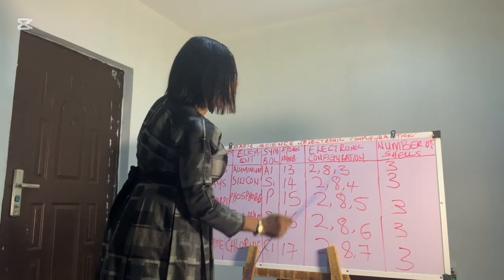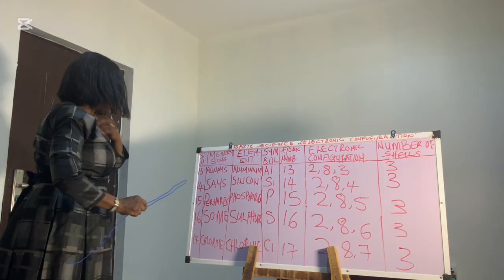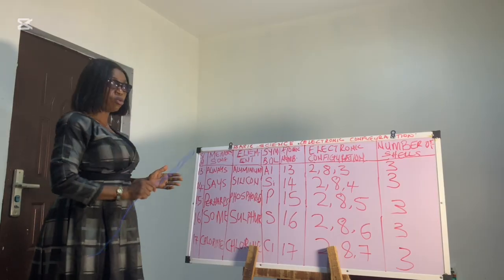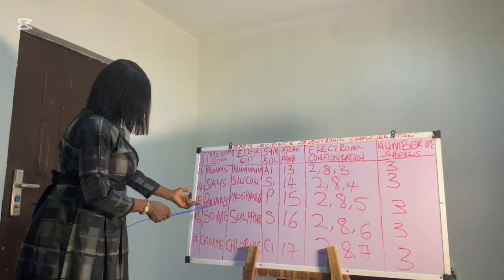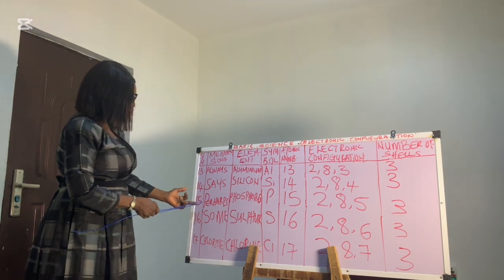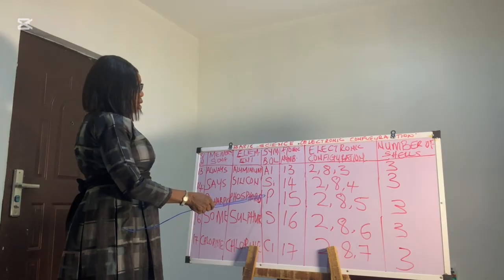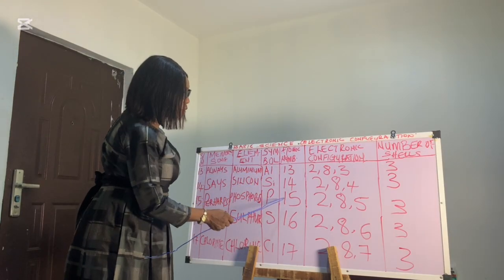How many shells do we have? 1, 2, 3. So silicon has 3 shells. Then we go to phosphorus. That's phosphorus, and the symbol for phosphorus is P. The atomic number for phosphorus is 15.